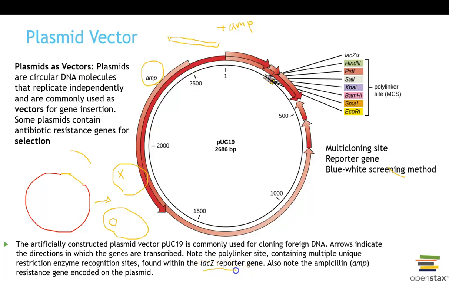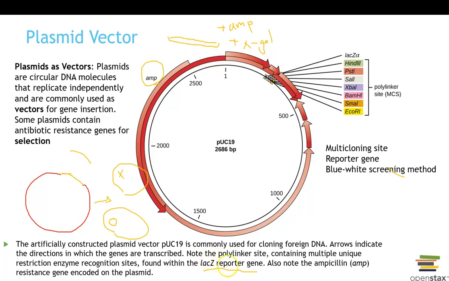One of the most popular ones is called the LacZ gene, which can produce an enzyme called beta-galactosidase, and this beta-galactosidase is able to break down a product called X-gal, which they add to the media. It has a big name, but you just need to know the abbreviation.